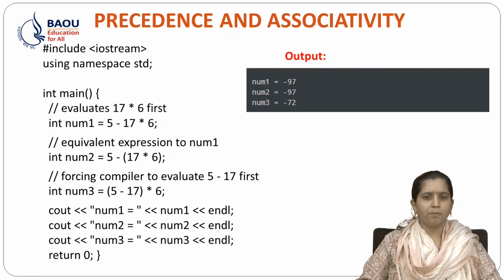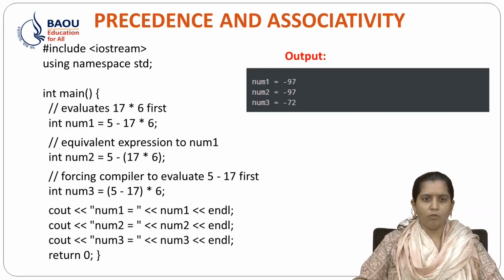So, what is precedence and associativity in C++? Let's see one example of this. First, what I have done is include iostream, using namespace std. Int main, in which I have initialized one variable, int num1. Here 5 minus 17 into 6.